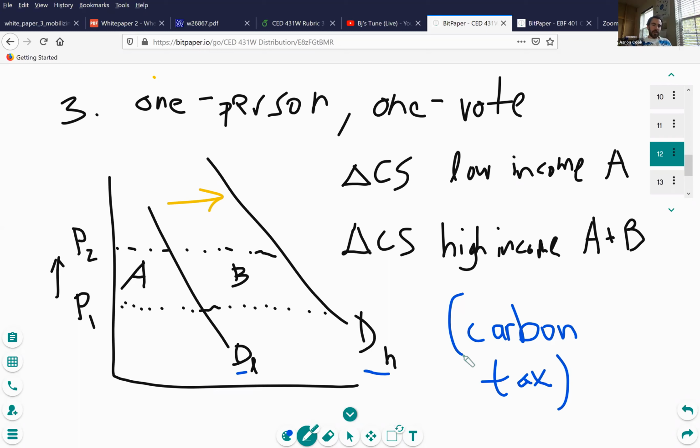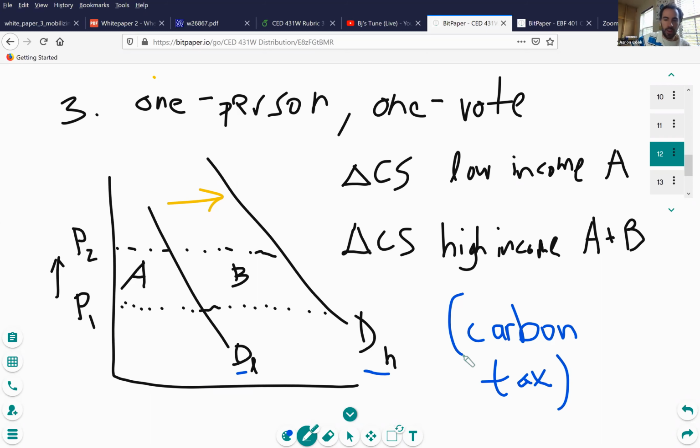If you're using consumer surplus to register the gains and losses to different parties, you might register the losses to high-income people as being higher than those to low-income people, merely because high-income people would be consuming more energy anyway, and so the higher energy prices they face translate into overall higher energy costs.